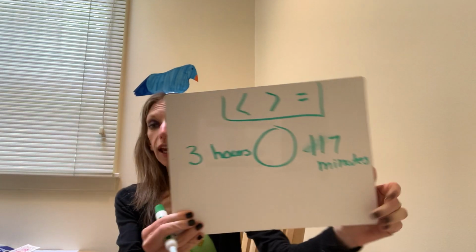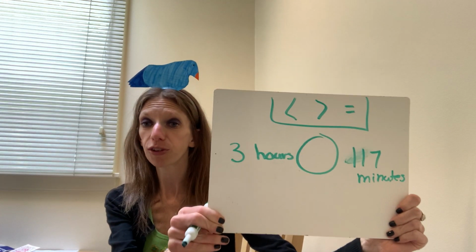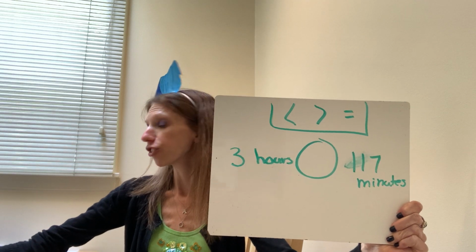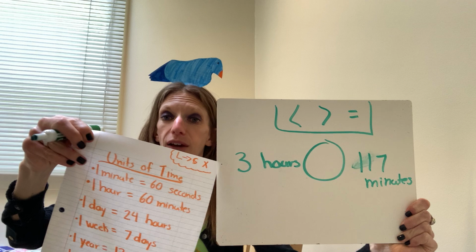So suppose I have 3 hours, and then I also have 117 minutes. Well, in order to compare the hours and the minutes, you have to take the larger unit and change it to the smaller unit, which means we have to change the hour to minutes. 1 hour has 60 minutes and we have 3.